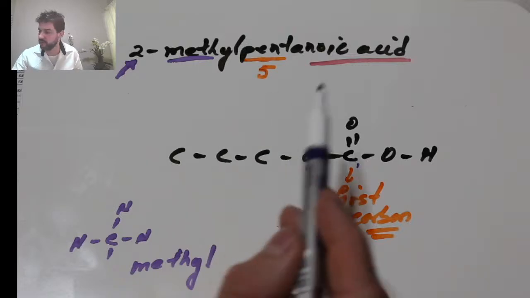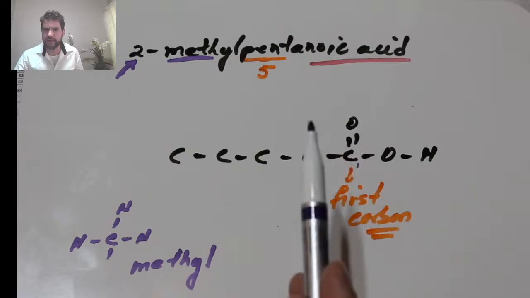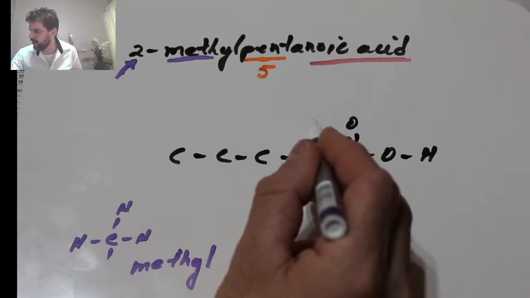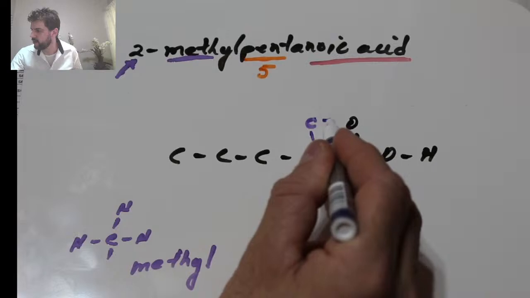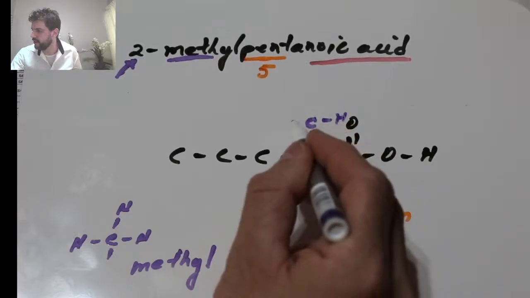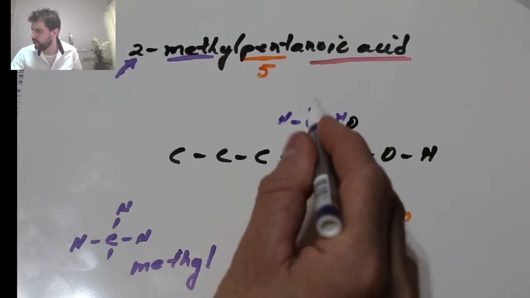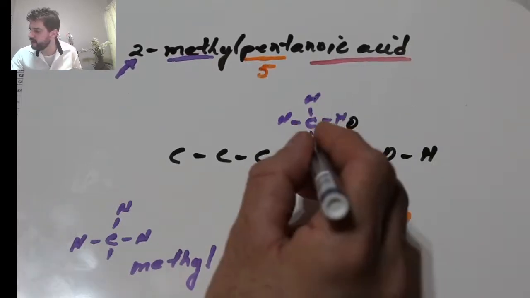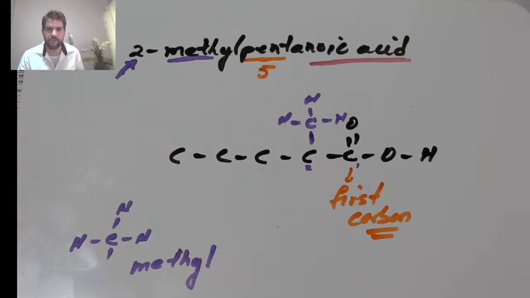It doesn't matter if you do it top or bottom. I'm going to do it on top because at the bottom I have this word which I don't want to erase. So here you have a carbon, and that carbon is connected to 3 hydrogens. That is the methyl that is connected to this carbon.